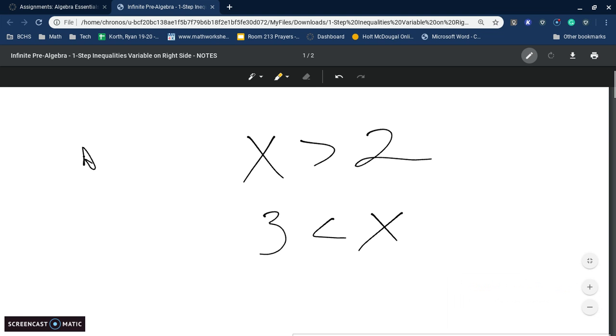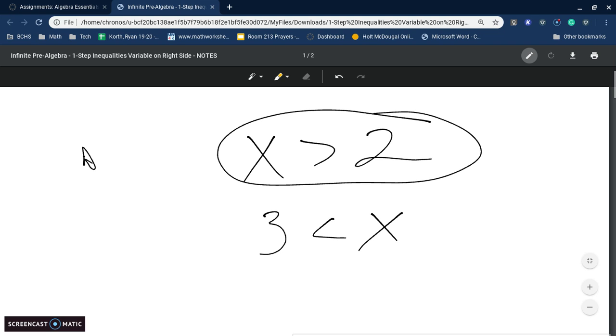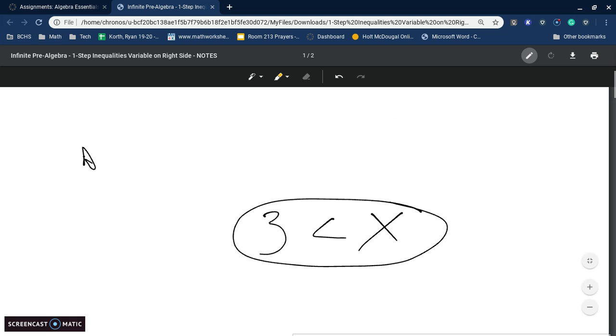The problem is it has to have the variable on the left side in order for us to graph it appropriately. So if I want to rewrite this with the variable on the left side, I'm going to put x over here and 3 over here.